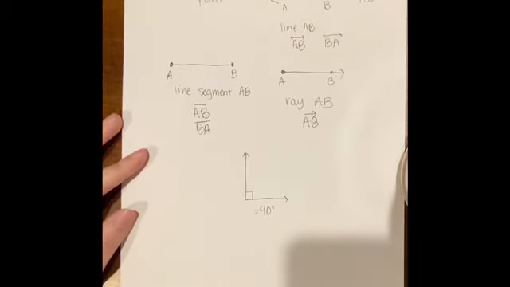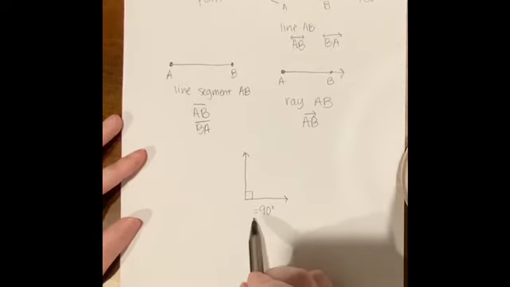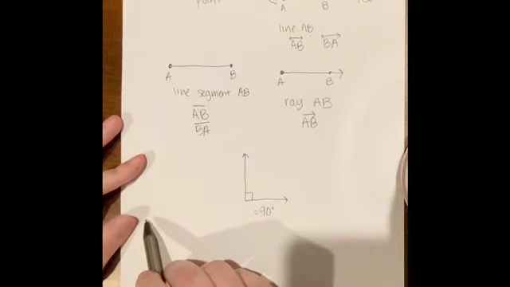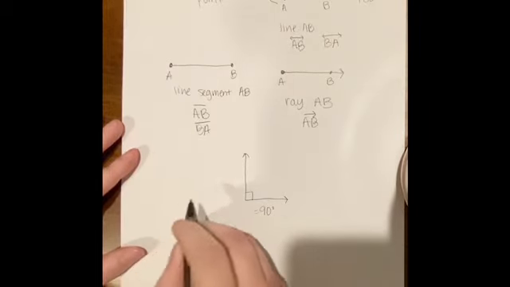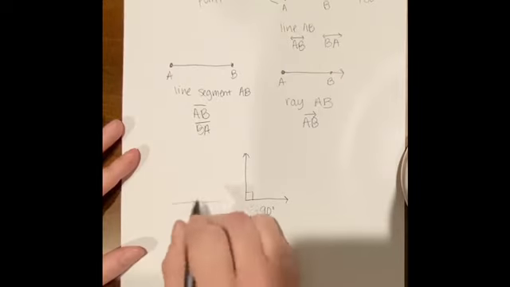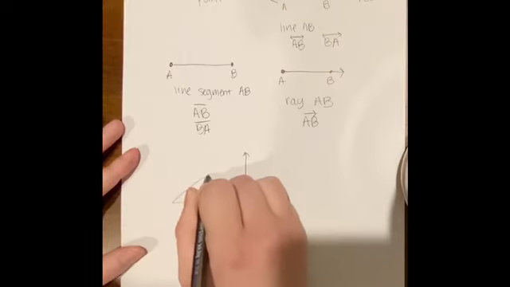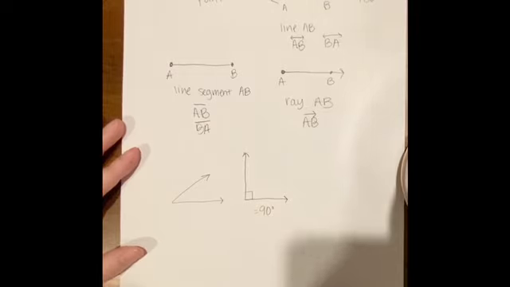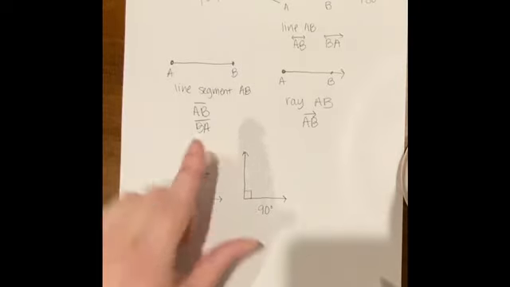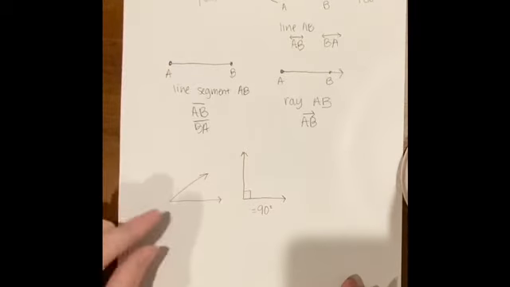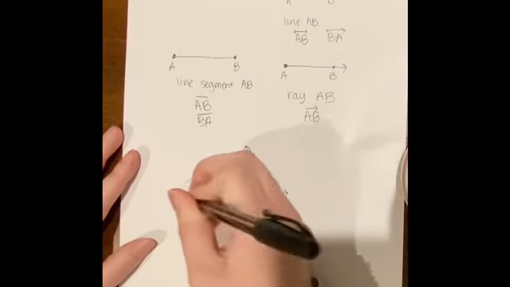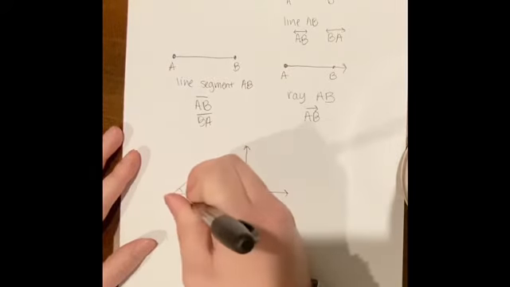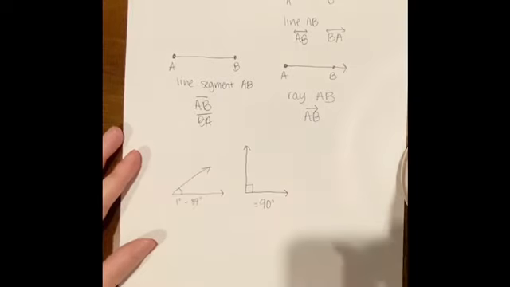So angles that are between a straight angle, okay, so then there's an acute angle. So I like to say a cute little angle because it's cute and small. It's smaller than the 90 degrees. So it can be anywhere from 1 degree to 89 degrees.